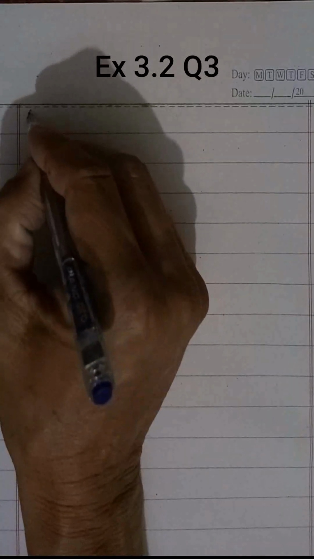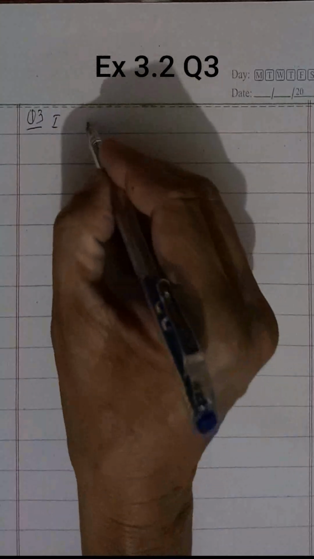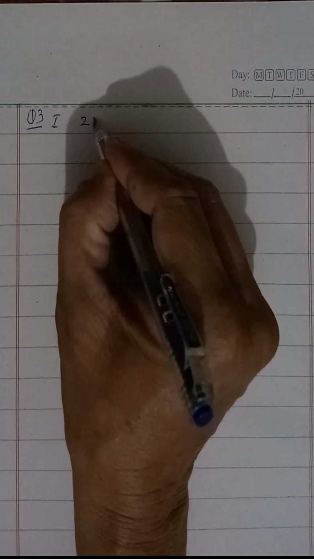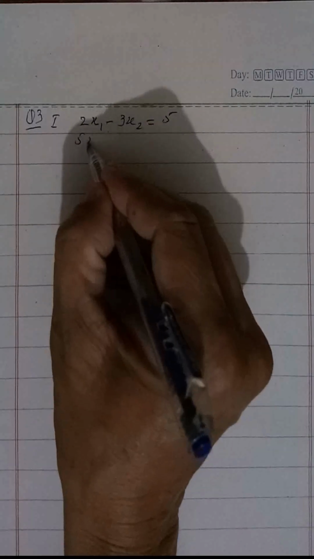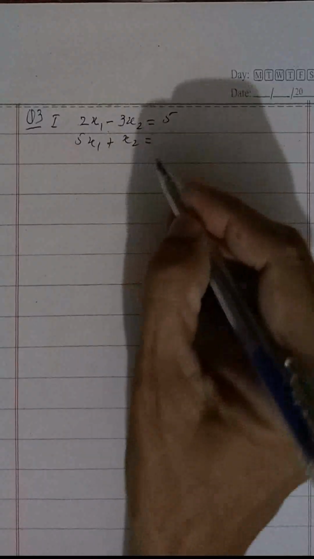Matrices system. Now we start question number 3, part 1. 2x1 minus 3x2 is equal to 5. And the second is 5x1 plus x2 is equal to 4.